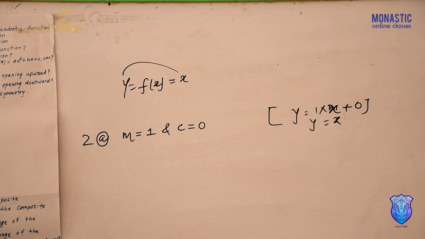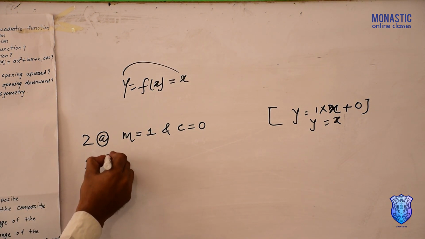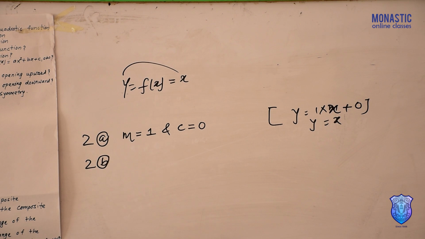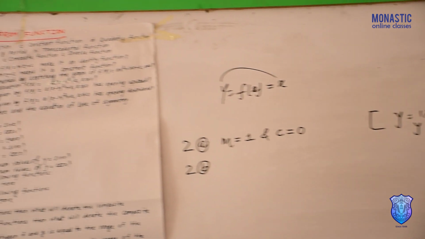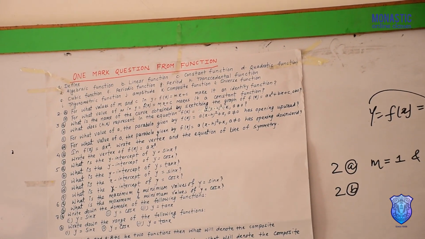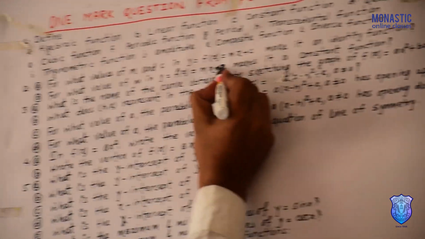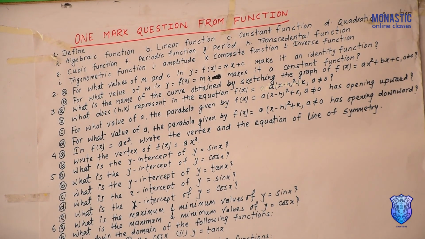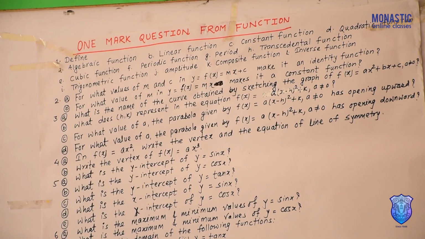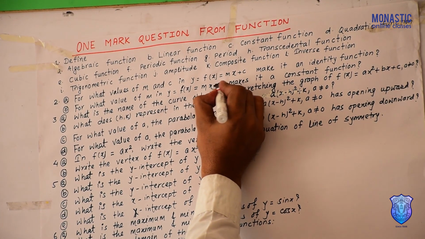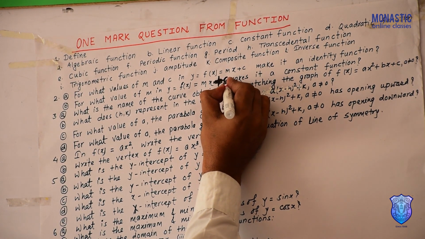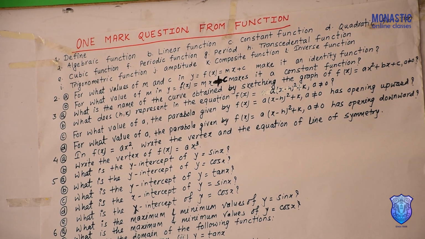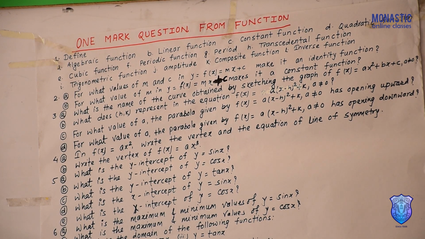Question number 2b. For what value of m is y equal f of x equal to mx plus c a constant function? That's the correct question, because mx plus c is a constant function when m is zero.